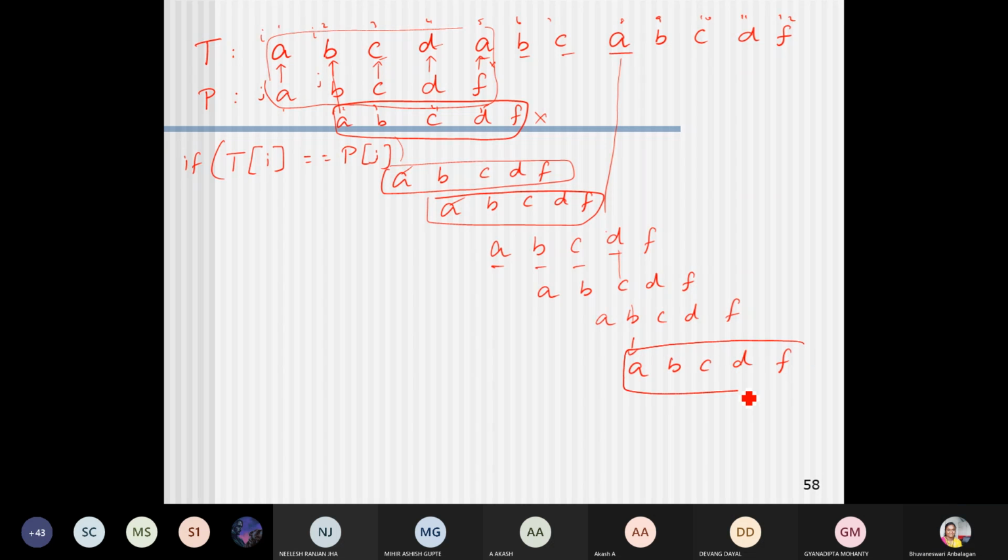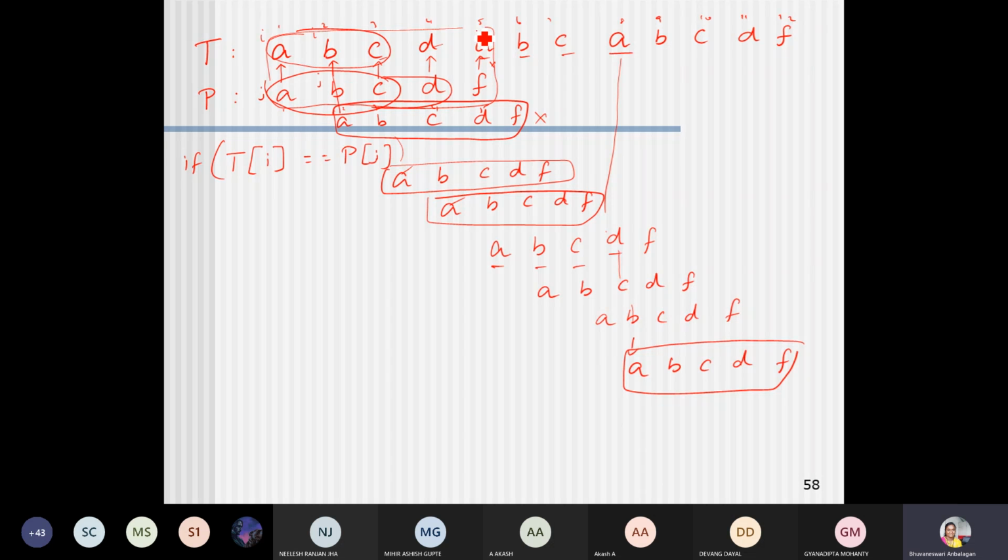So obviously, we have already checked A, B, C, which has been matched. Here is where our first failure is. Even though I got a match over here, I have to check for another D and F, while A, B, C, D, this particular substring, is available over here.